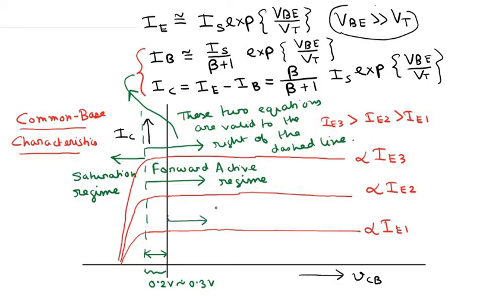Okay, so there is a difference of opinion between various books, but basically the concept goes like this: in the forward active mode the collector current does not vary with the collector to base voltage.